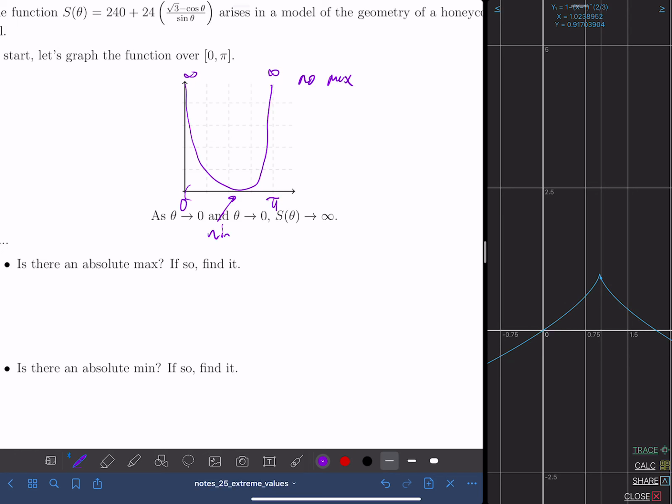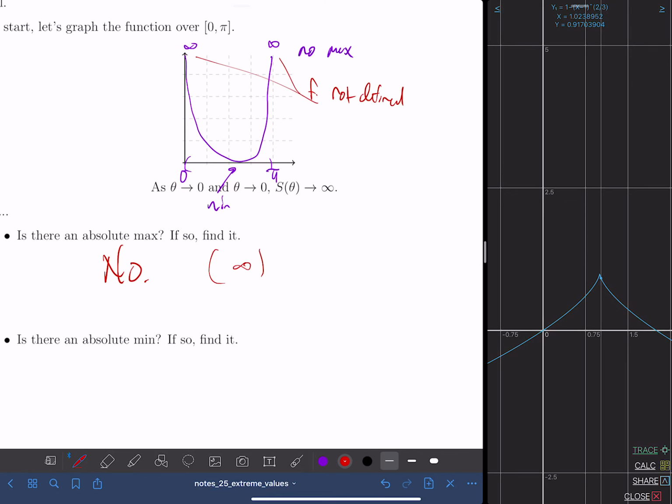That's because the function's not defined at the endpoints. So is there an absolute max? No, there's not. It would be infinity, but we're not allowing that. We should still characterize this behavior. And is there an absolute min? Then we should find it.